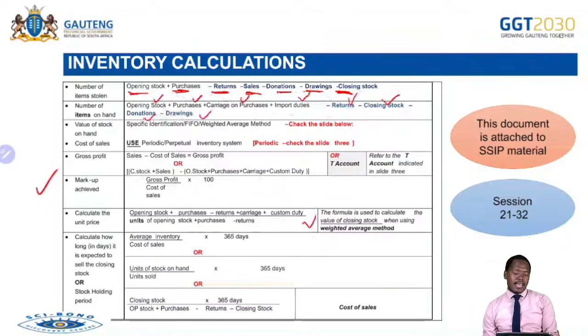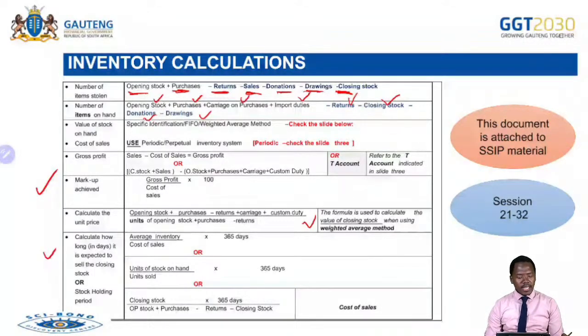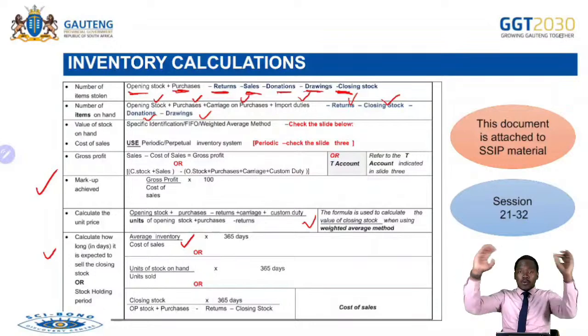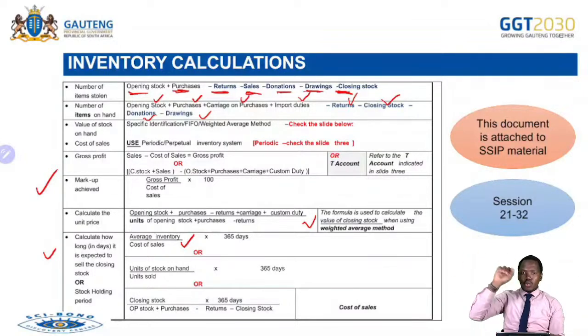And then another item that we've been calculating, grade 12, is how long is the closing stock expected to last, as well as the stock holding. There we have done that, grade 12. Average inventory. Remember, what is average inventory? It is opening stock plus closing stock, close bracket, divide by 2.